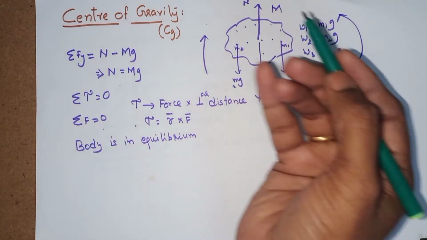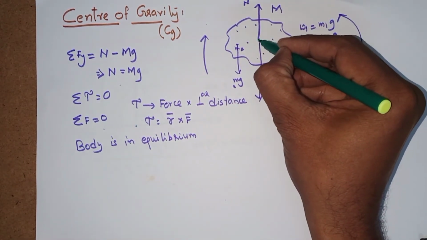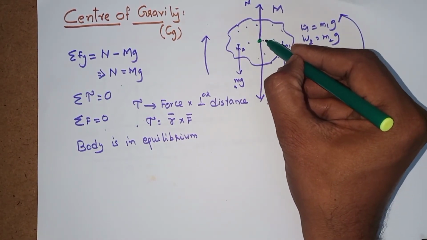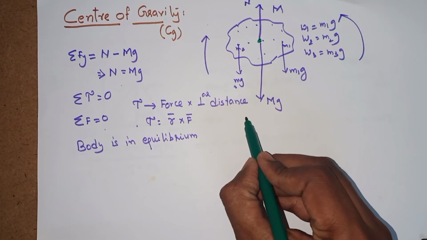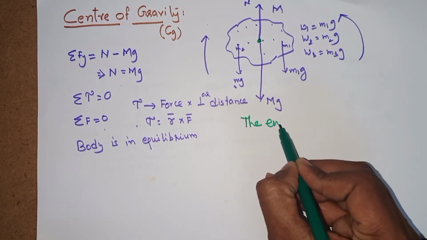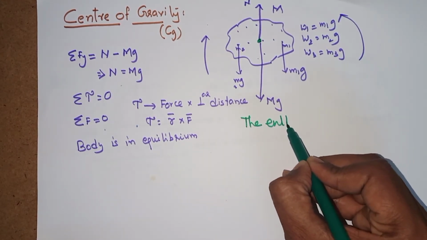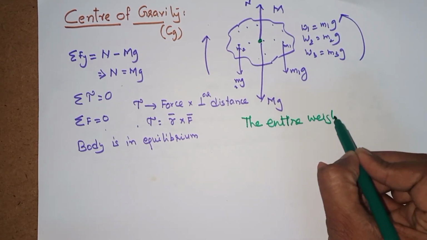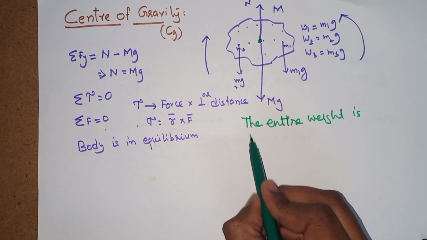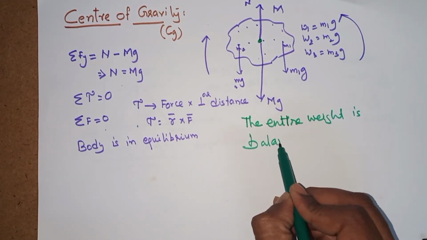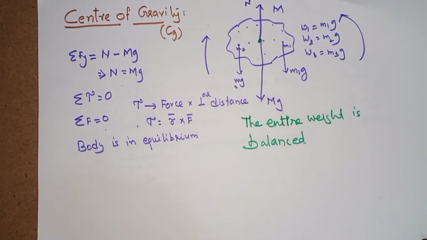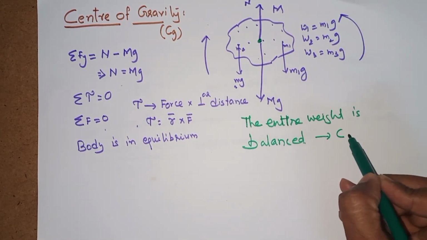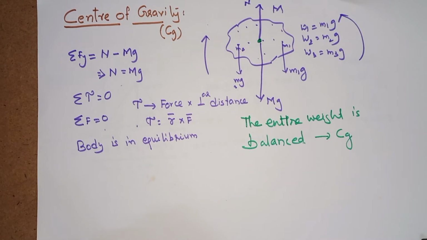So the upward force, if you choose it at this particular point which is completely balancing, the entire weight is balanced. Then that point is called CG, the center of gravity.